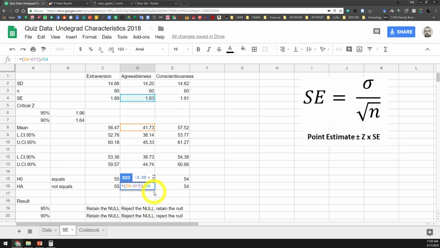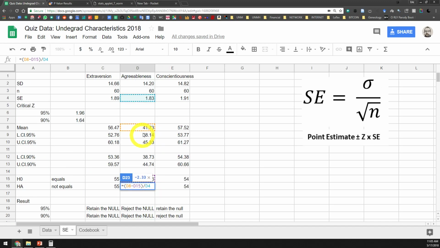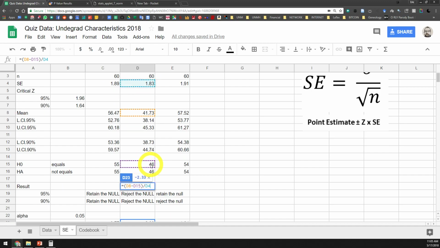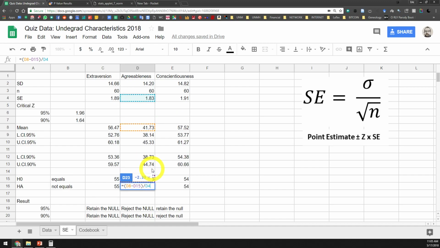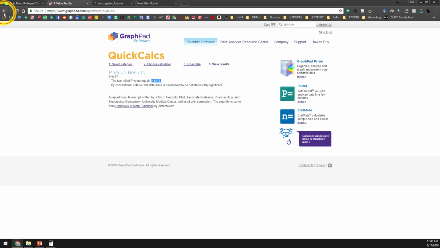If we double click on this cell, we can see how this is calculated: 41.73 is subtracted from 46, and we divide that by our standard error, which is 1.83, and we get a z-score of negative 2.33.